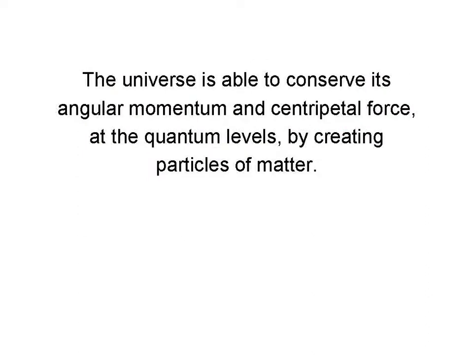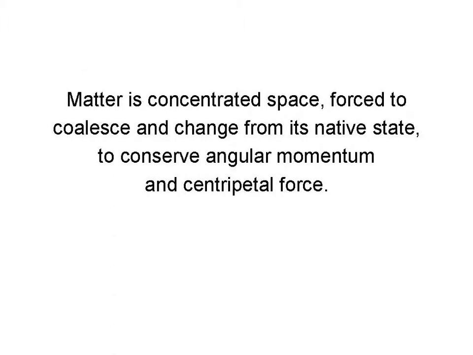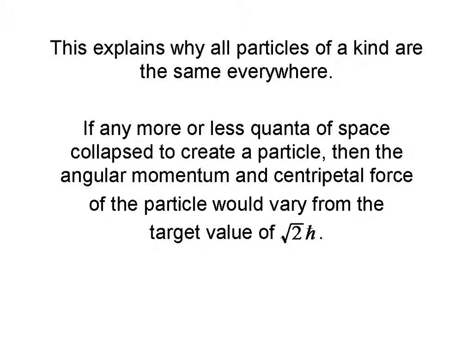The universe is able to conserve its angular momentum and centripetal force at the quantum levels by creating particles of matter. Matter is concentrated space, forced to coalesce and change from its native state to conserve angular momentum and centripetal force. This explains why all particles of a kind are the same everywhere.